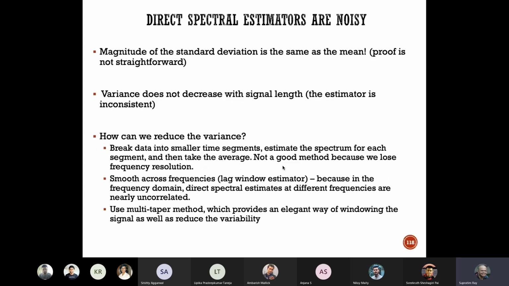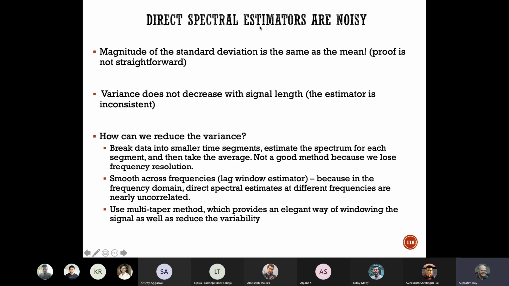So here's the problem again. The problem is that direct spectral estimators are noisy. A direct spectral estimator is basically a method that gives you an estimate of the spectrum. So I'm interested in the power spectrum, which is the square of the amplitude. But it turns out this is a noisy estimator.